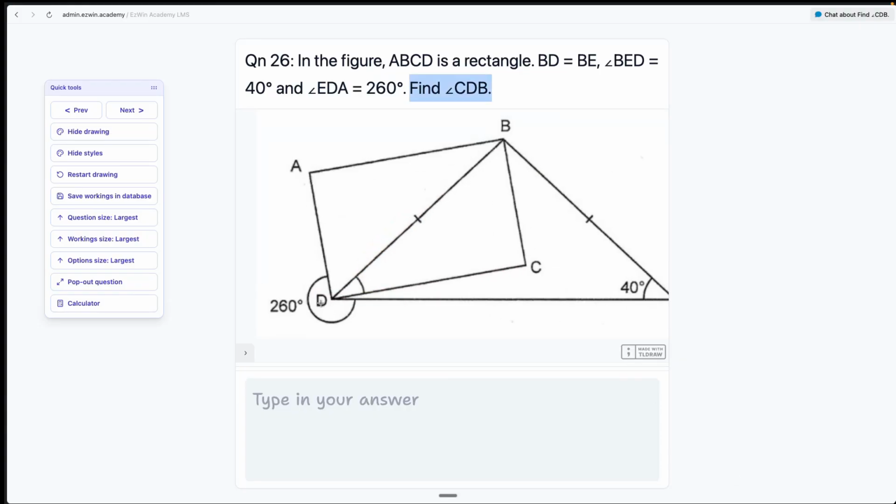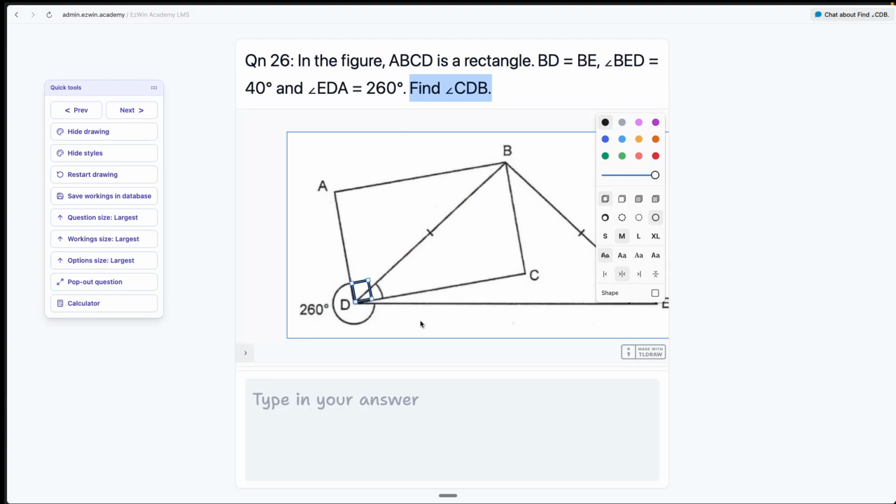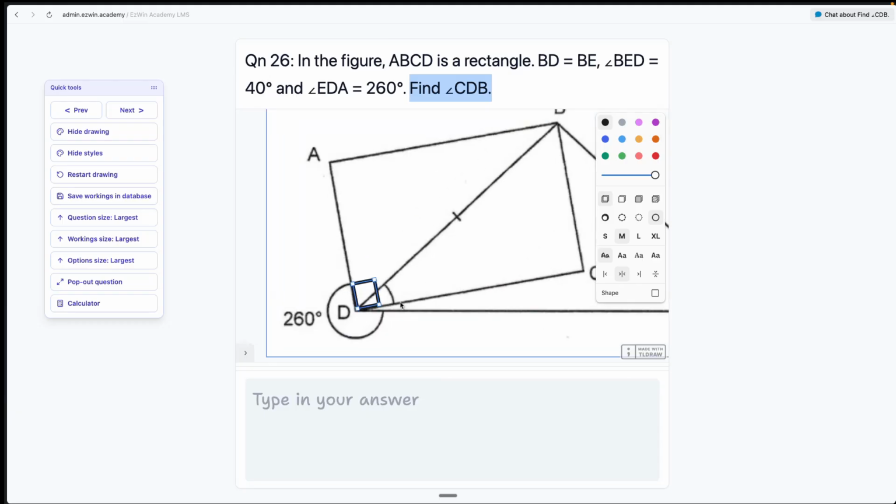Okay, so to figure out this angle over here, what we know first of all is that this rectangle has this corner. If only I can rotate this, right? So this is a right angle. If you say, oh, right angle divided by 2 equal to 45, no, that's not the answer.